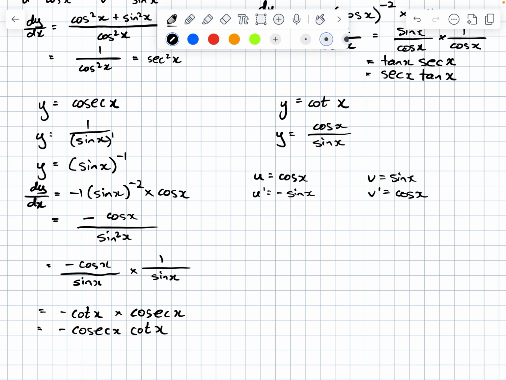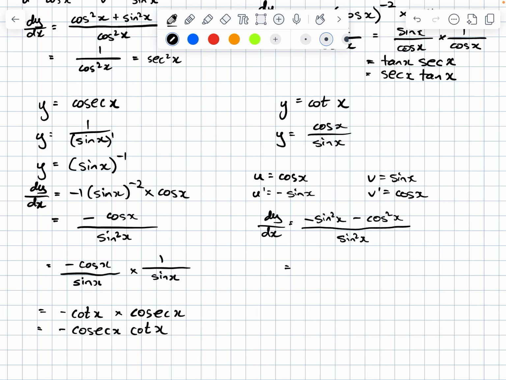Applying the quotient rule, we get dy dx is equal to U dash times V, that's negative sine squared x, minus U times V dash, that's cos squared x, all over V squared, sine squared x.